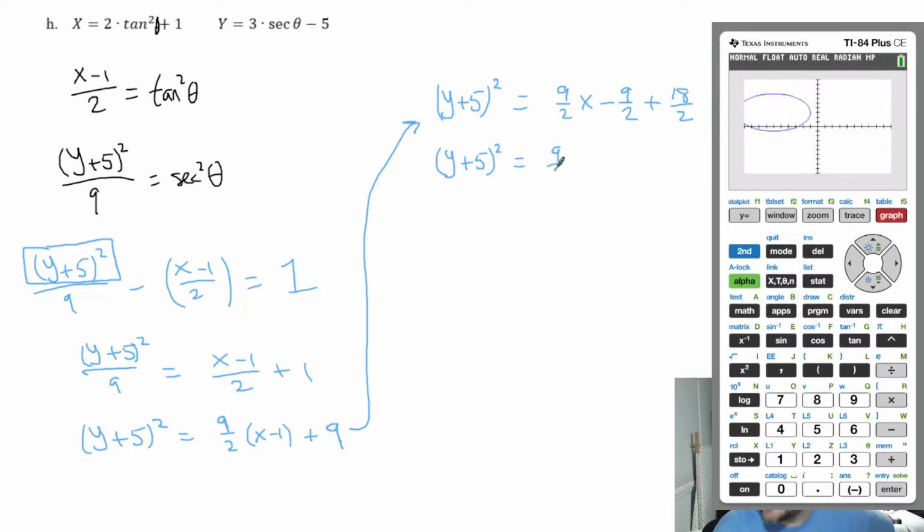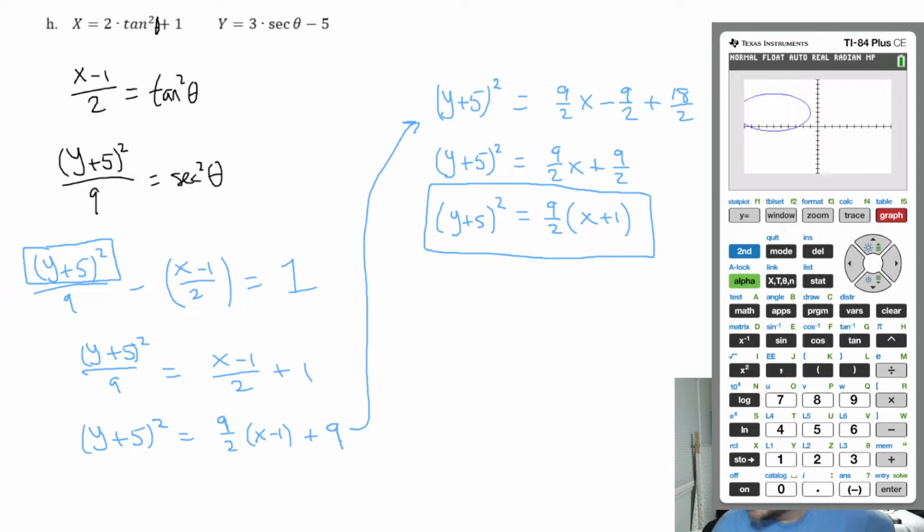We'll have 9/2 x plus 9/2, at which point we'll factor out the 9/2 to just get x plus 1. So what are we? We're a parabola. It's y squared with a positive, so it opens to the right again.